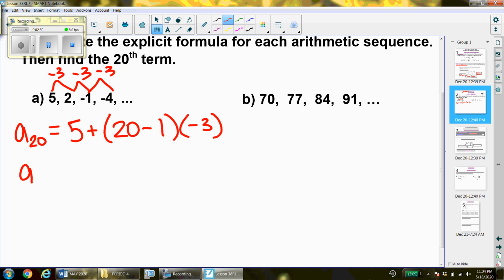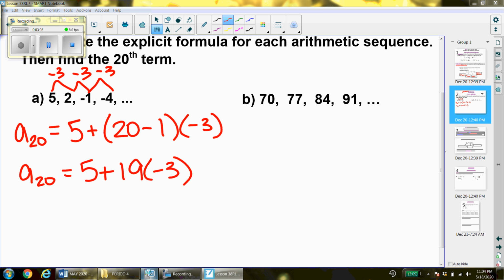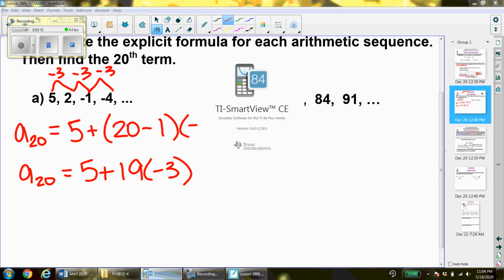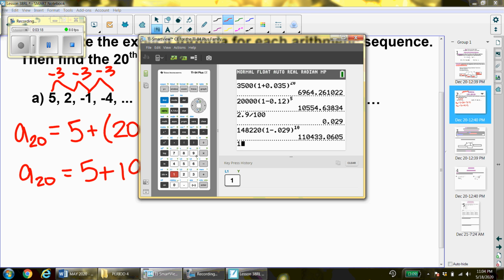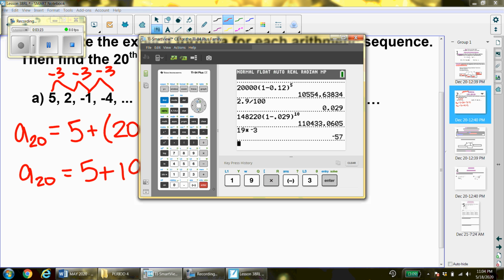20 minus 1 is 19. And 19 times negative 3, I don't know that off the top of my head, so let's take out our calculator, which I'm pulling up now. 19 times negative 3 is negative 57.